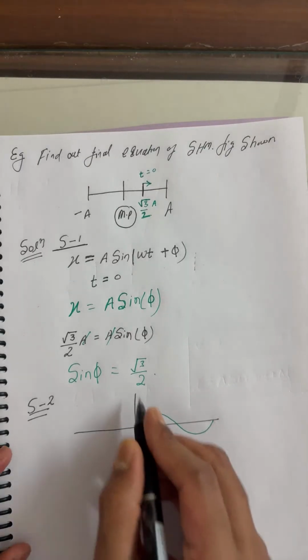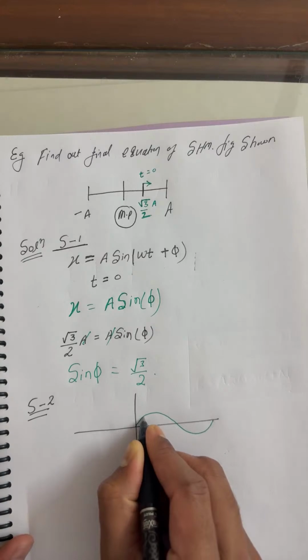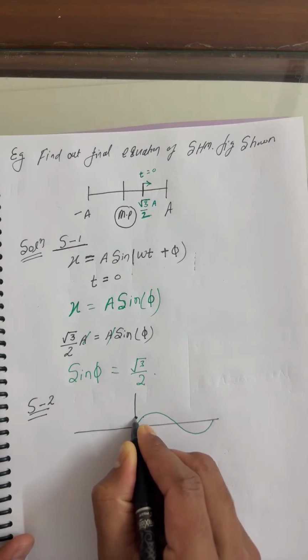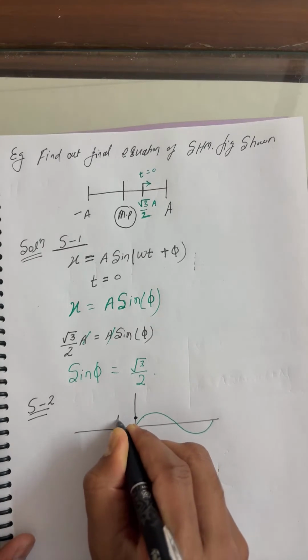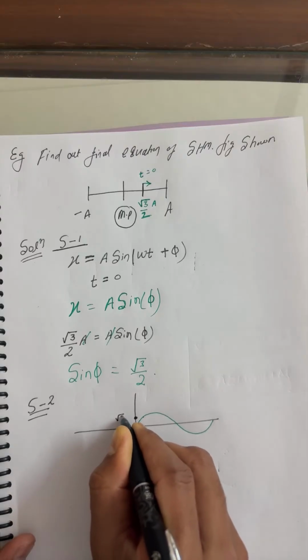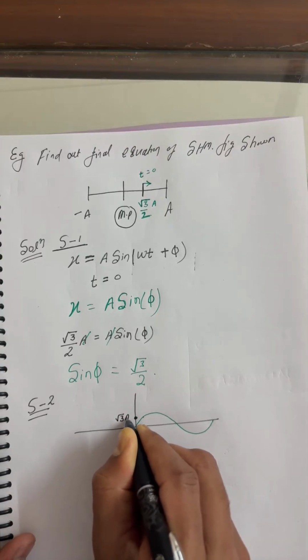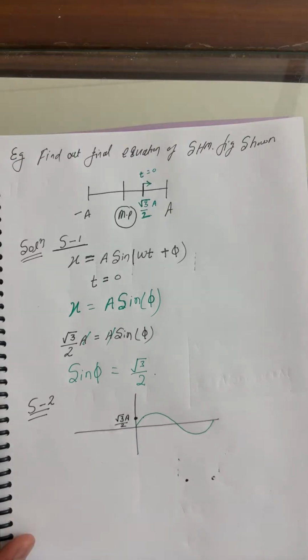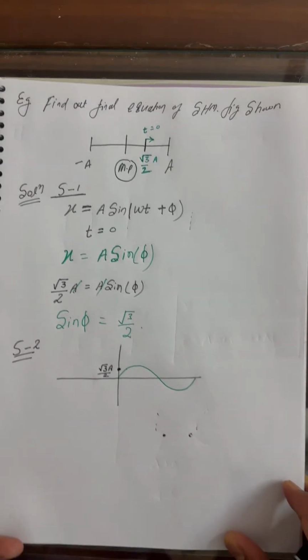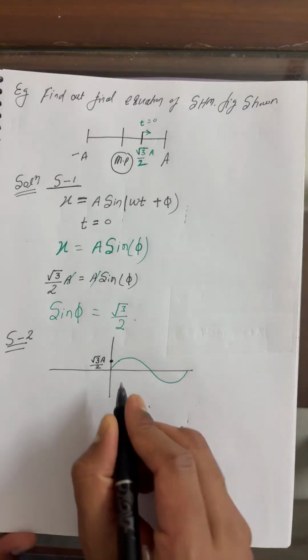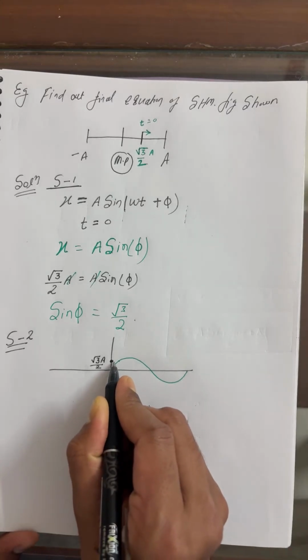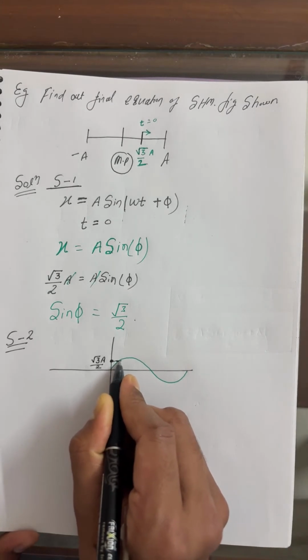What is plus root 3 by 2? So this point we can take as plus root 3A by 2. Now let's see. Then just draw a line.